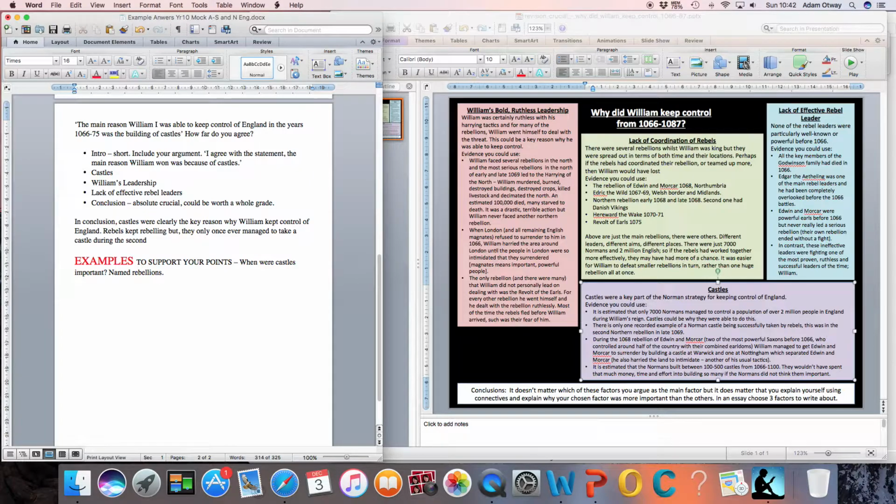During the Second Norman Rebellion, which tells you how crucial castles were because the rebels struggled to defeat them. Castles explain why 7,000 Normans could control around 2 million Saxons.